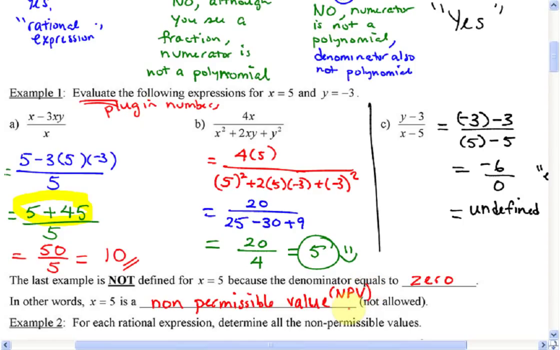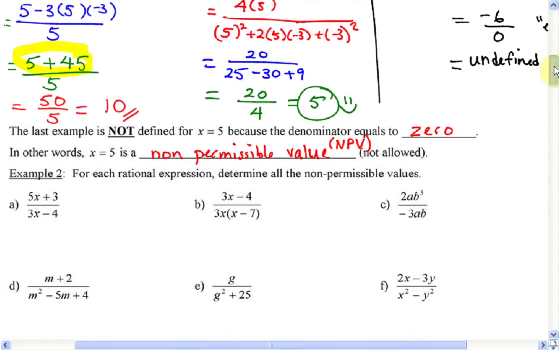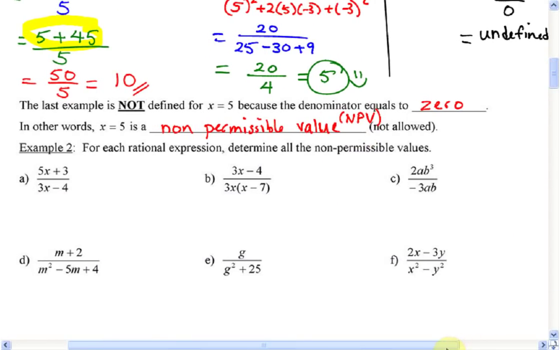So what I wanted to show you today is that these rational expressions work for most numbers except for some. You have to know how to find out what those bad numbers, the non-permissible values, are. That's our first step for today. So in example number 2 here, can I ask you to take a look at these expressions and tell me what the non-permissible values are for all of these rational expressions? Now, how do I find them? Where do I look, first of all, for non-permissible values?